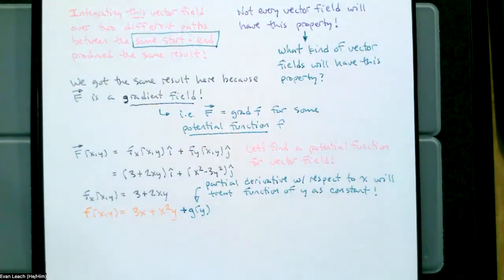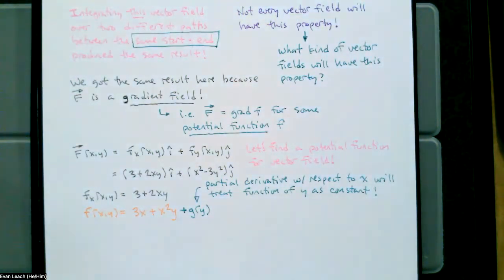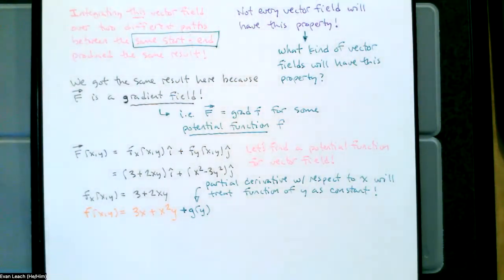When we take the partial derivative with respect to x, we will treat any function of y as a constant. So this is the information that we get from the partial derivative with respect to x.